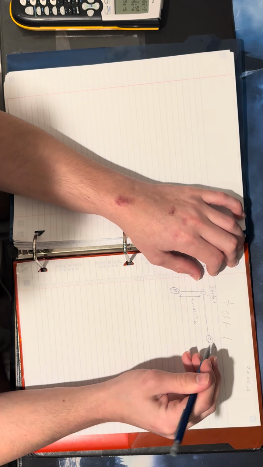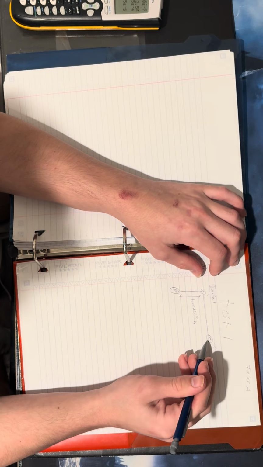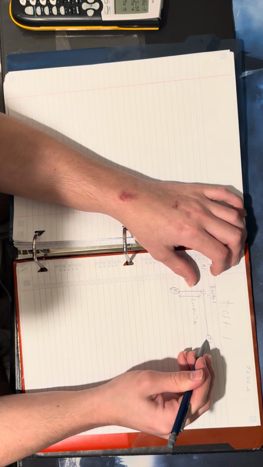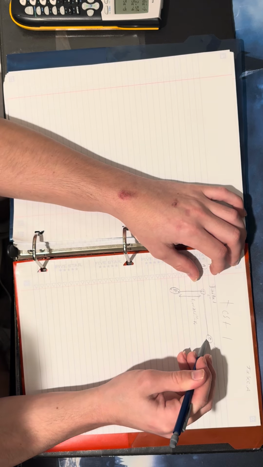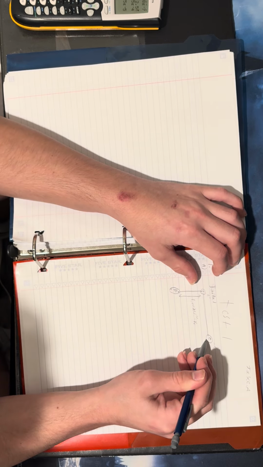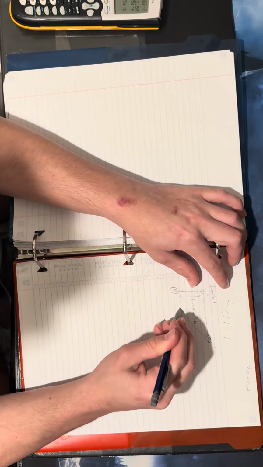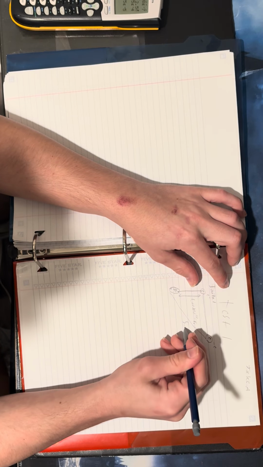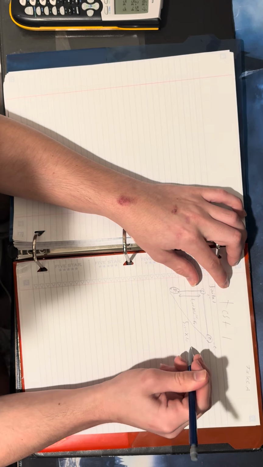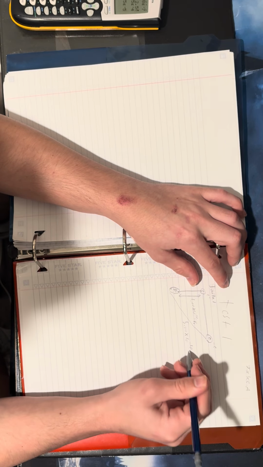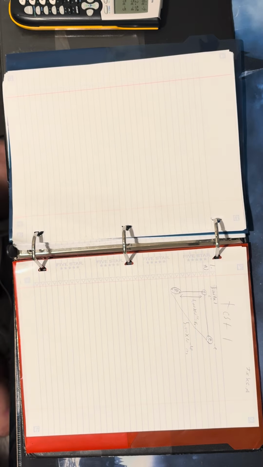And then how much work do you have to do to move the electron to a distance of 5 meters from the center?